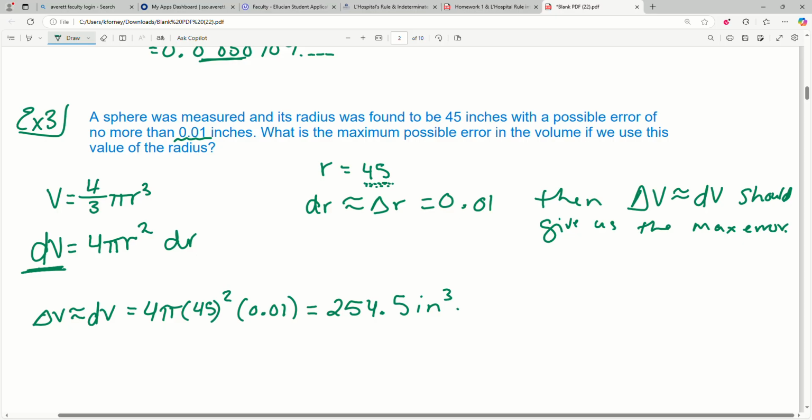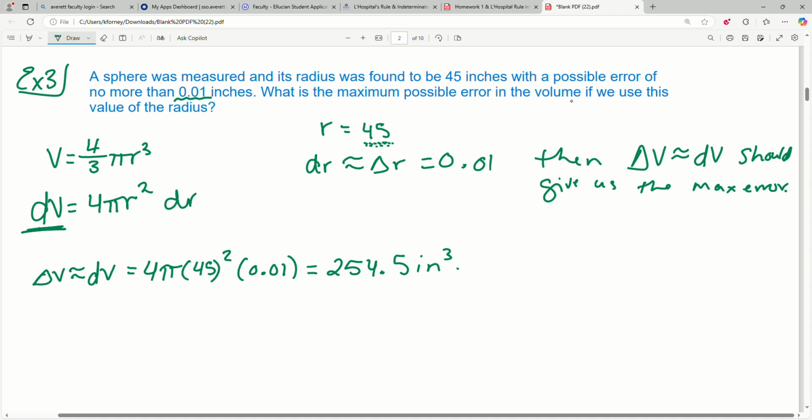So what does this number represent? The maximum possible error in the volume.